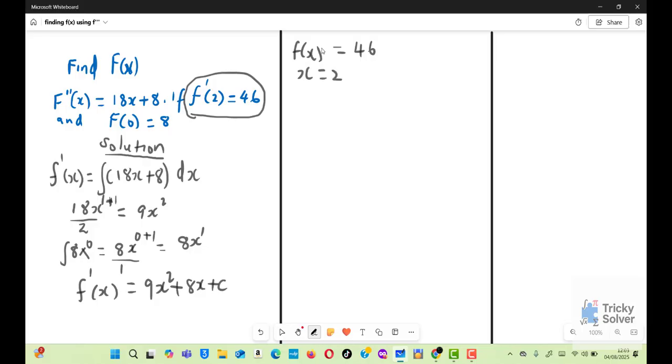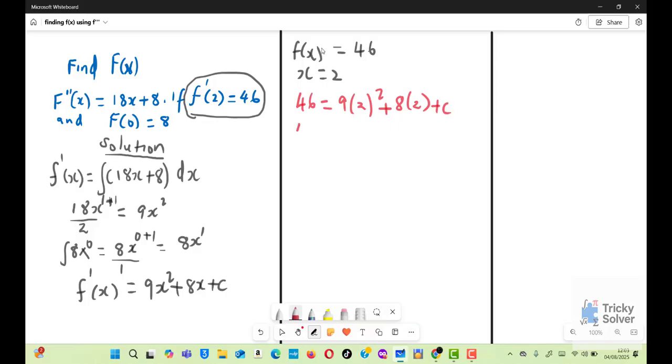So we do something called substitution. We have 46 equals 9 times 2 squared, substituting x is 2, plus 8 times 2, plus c.